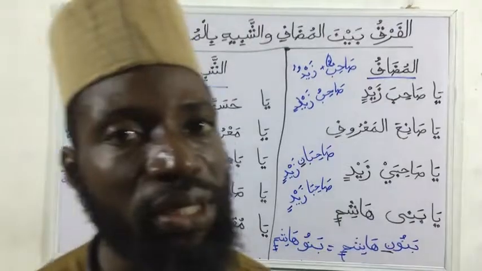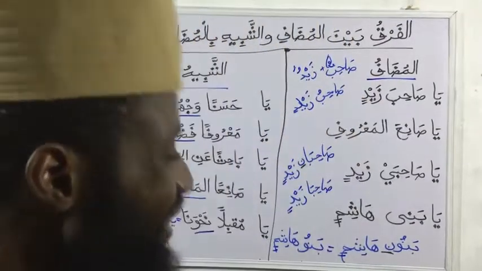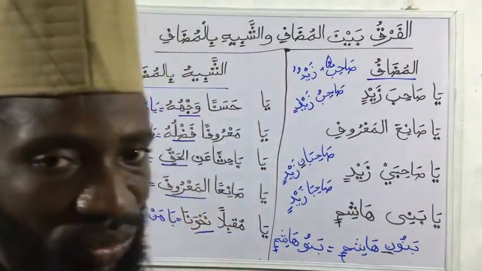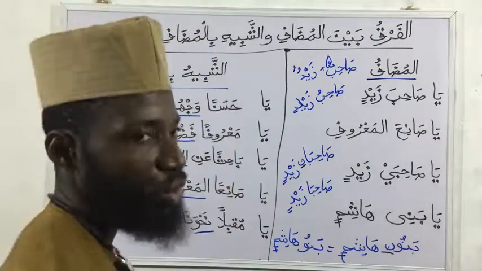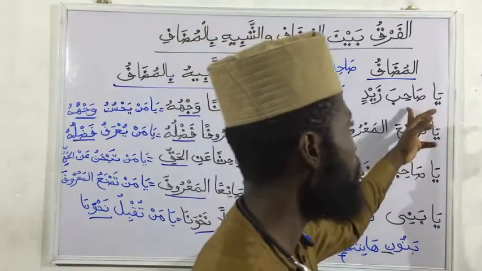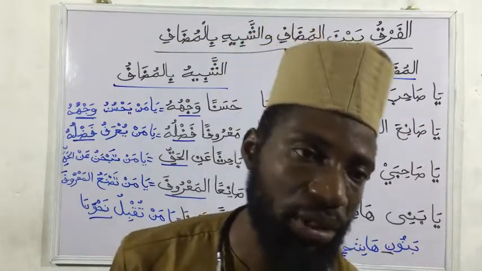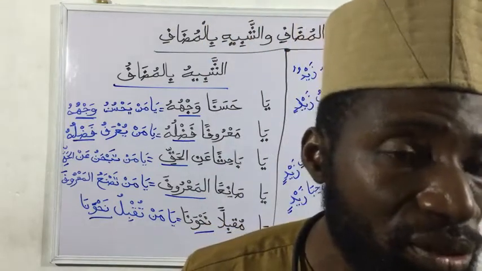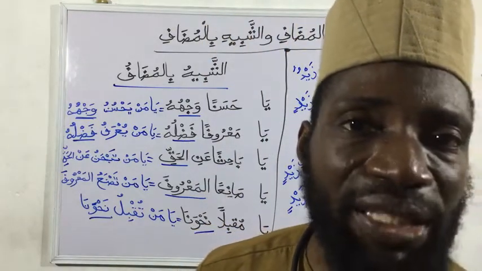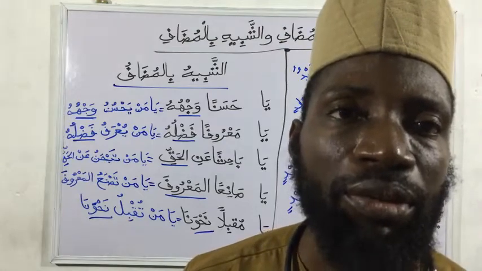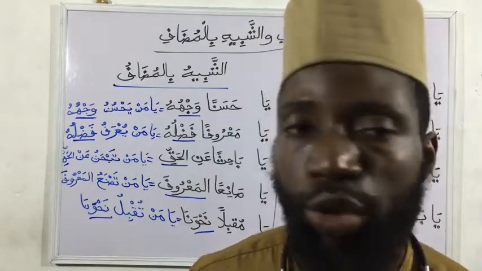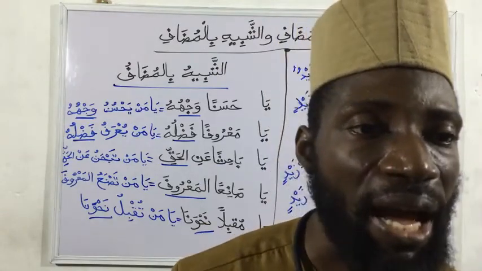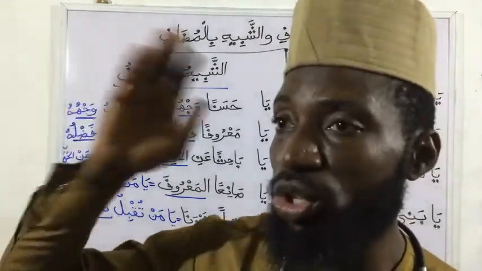So that is that. Now the third thing we want to look at is the nature of your mudaf and the nature of your shabihu bil mudaf. Your mudaf can be a wasf or a jamid. It can be ism mushtaq, or it can be a jamid noun, a static noun. Jamid nouns are nouns that are not derived, like kitabun, kalbun, haqq, and all your masdar.